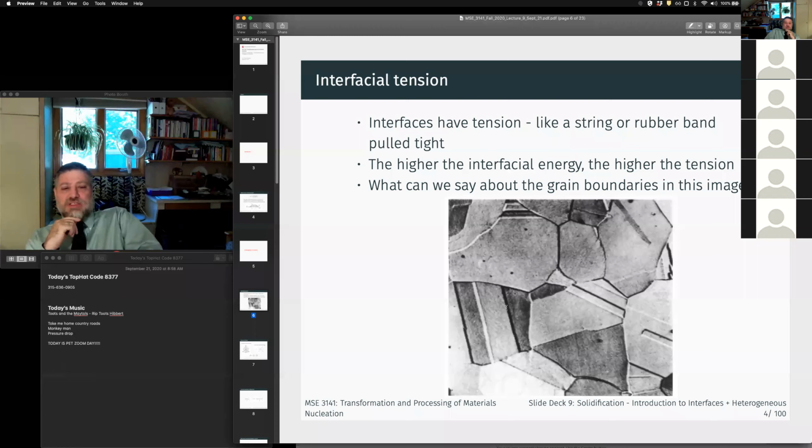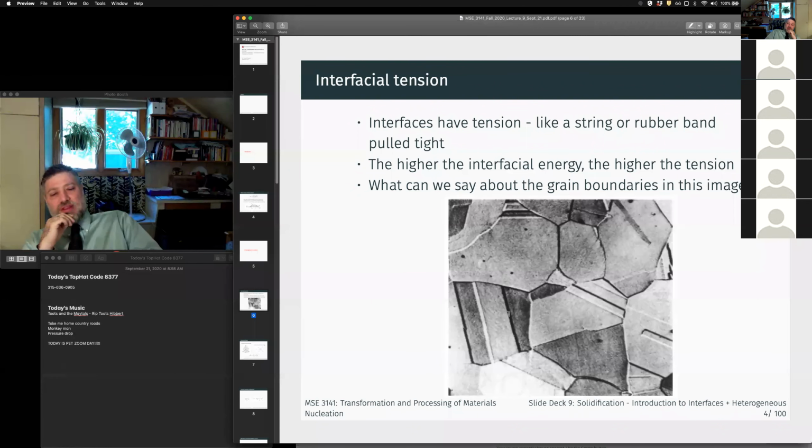And annealing twins, for those some of you might not know, are very special crystallographic relationships where you have a mirror symmetry, right? These twin boundaries correspond to a 60-degree rotation about the 111 crystallographic direction.